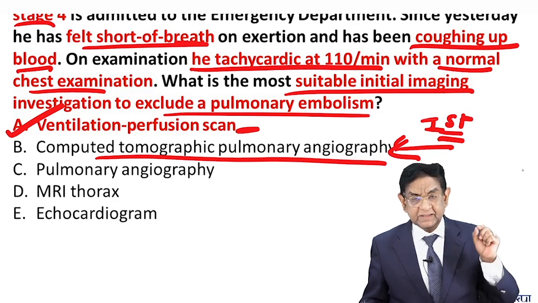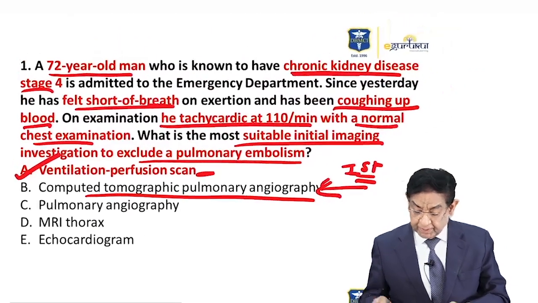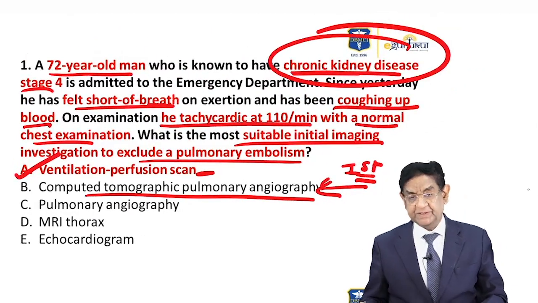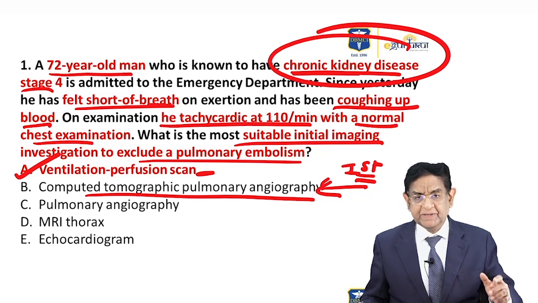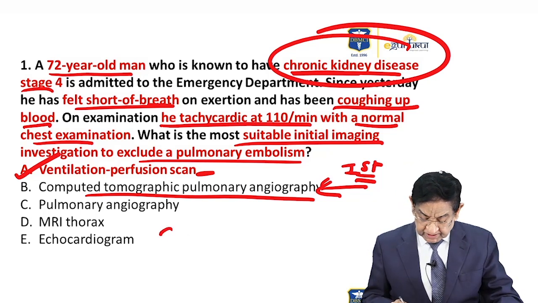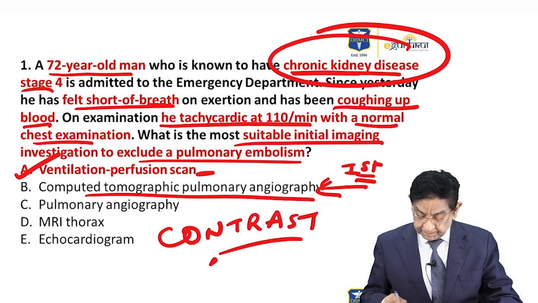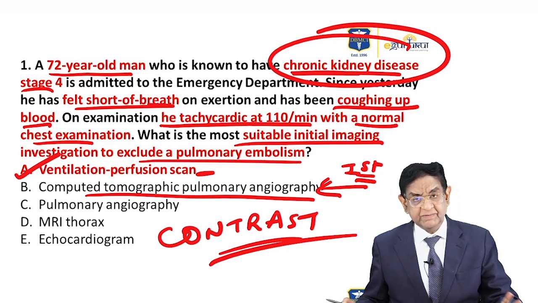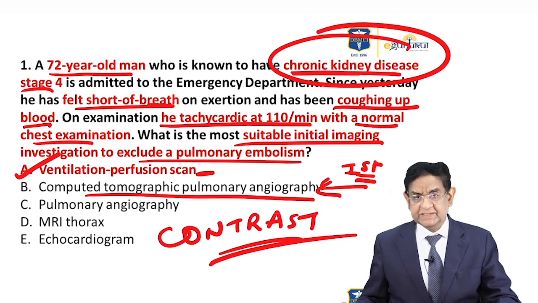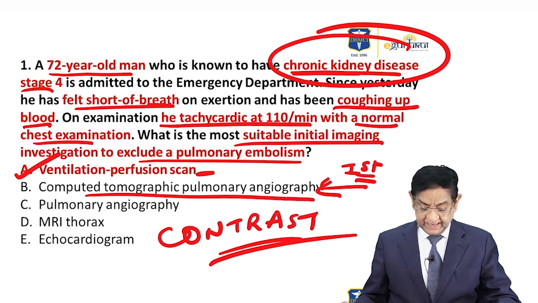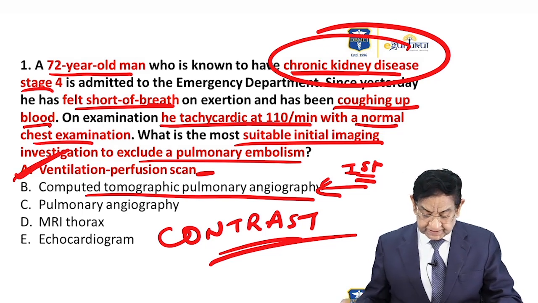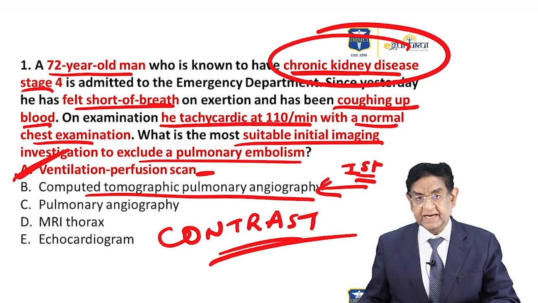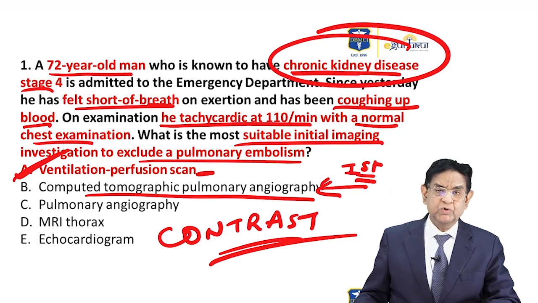But if the patient has a renal problem, like this patient, we don't want to give contrast media because the kidneys are already underworking, they are not working properly. So in such cases, contrast should not be given. Hence, the best option is ventilation perfusion scan. So let's learn more about it.